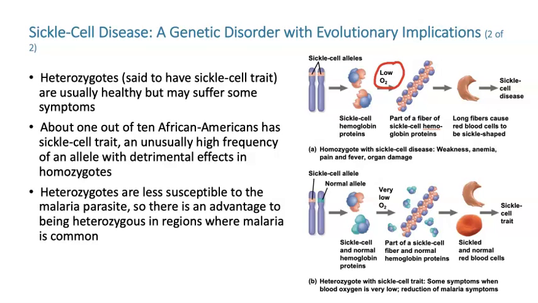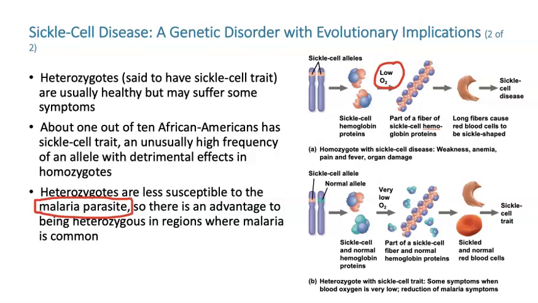And here's the weird thing. People who are heterozygous are much, much less likely to get malaria. Now, malaria is very common in Africa. It's also common across regions around the equator, but it is common in Africa.